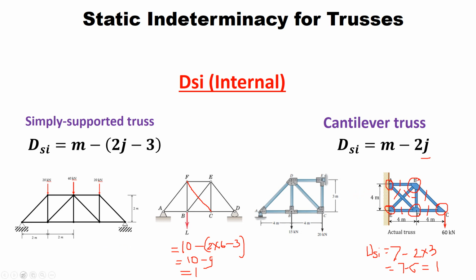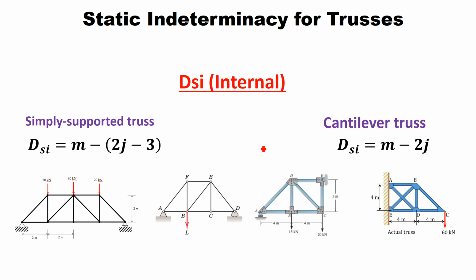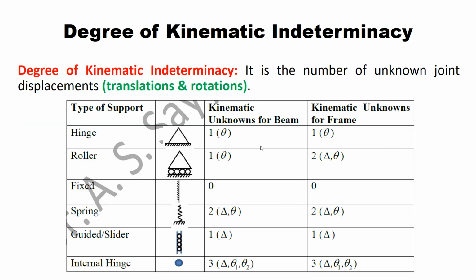Okay, so like this you can calculate the degree of static indeterminacy for a truss, external and internal. Then the second part of indeterminacy is the degree of kinematic indeterminacy. Kinematic indeterminacy means the unknown joint displacements present in the structure. When any structure is subjected to external forces, member forces, every joint of the structure is subjected to some movements.